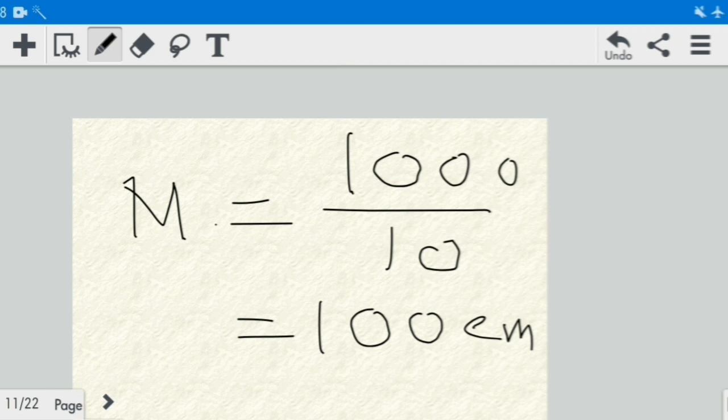Unit is the most important part of the answer.